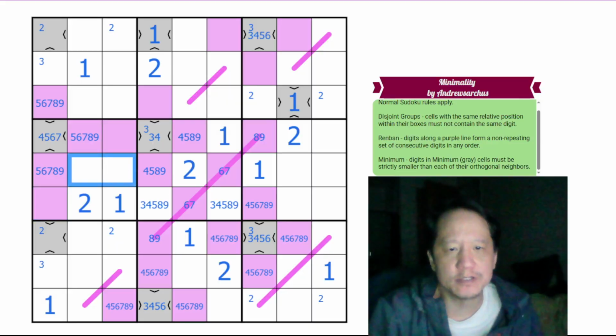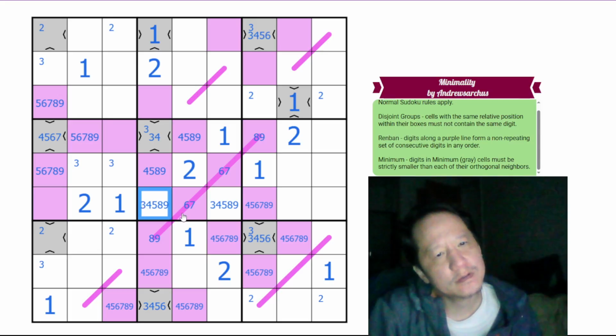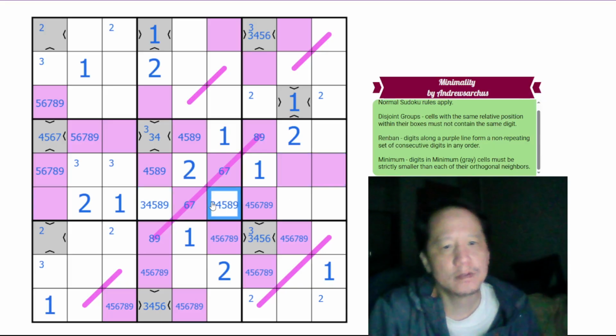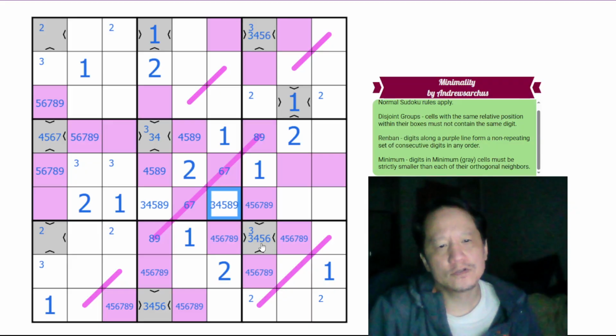Oh, so we guaranteed a 3 here. That's interesting. Which means this is pink. Not too restrictive.